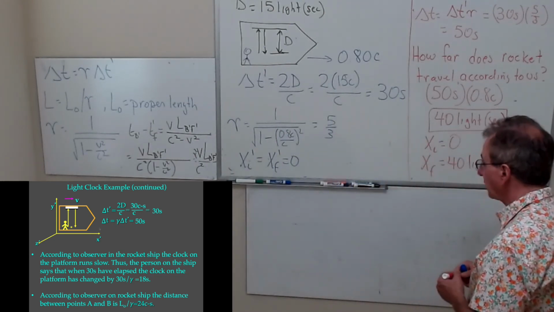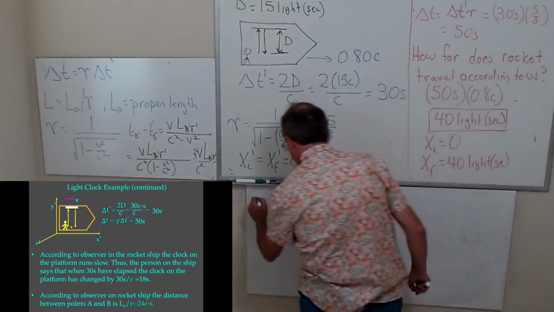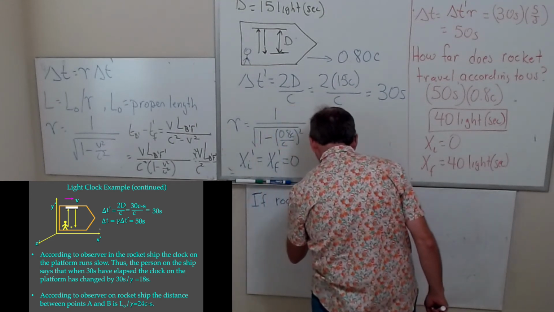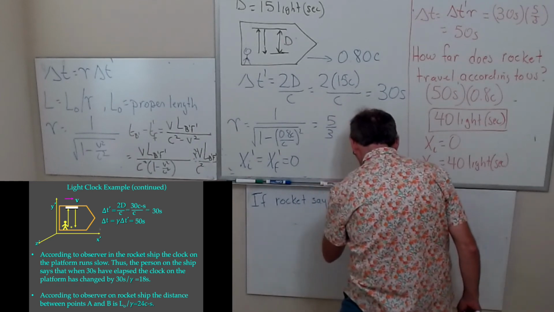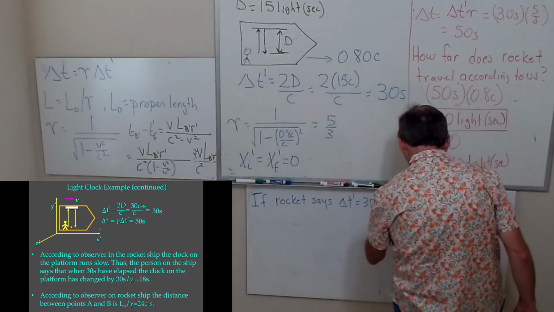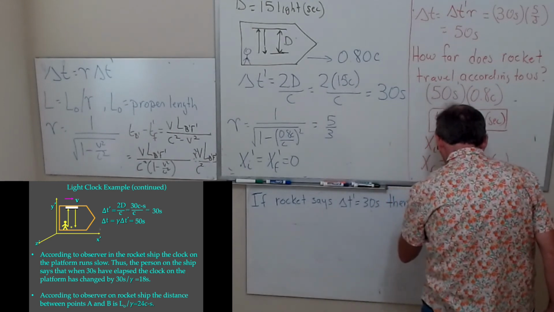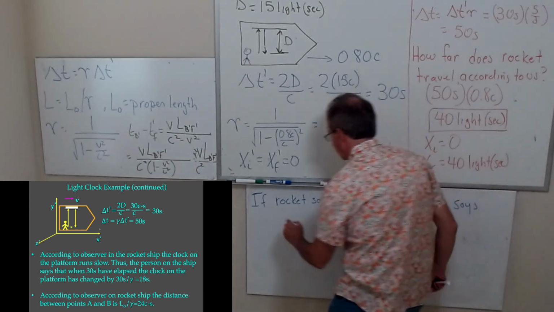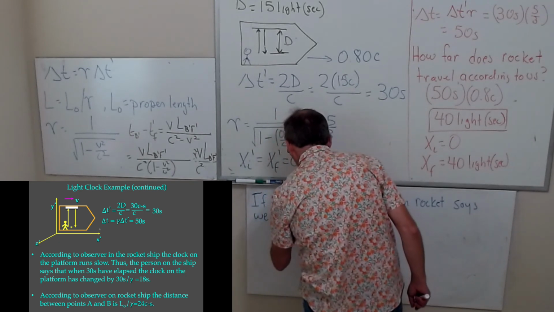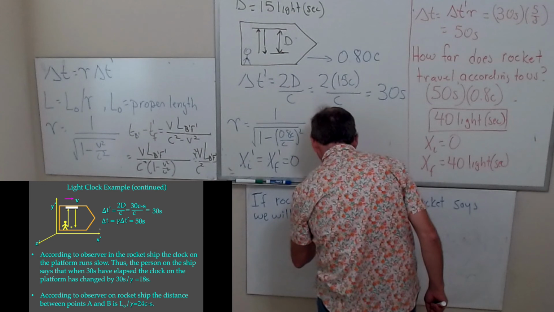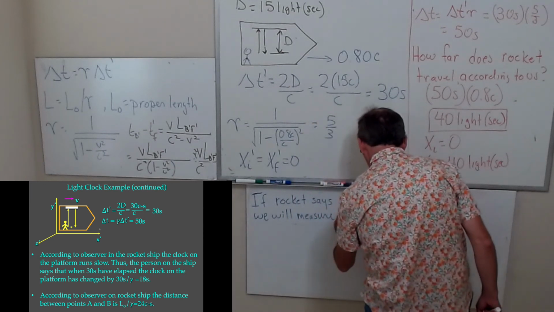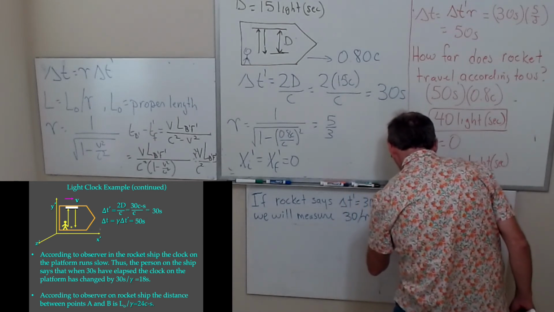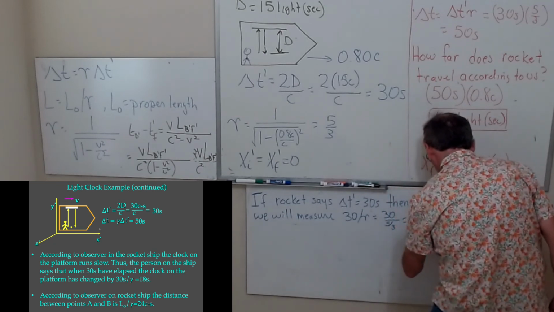Okay? So if the rocket says delta t prime equals 30 seconds, then the rocket observer says we will measure seconds.